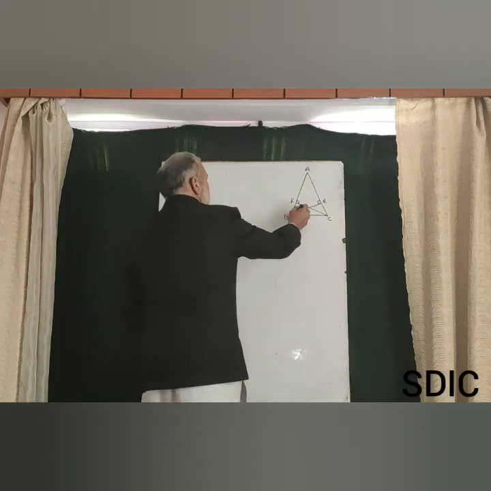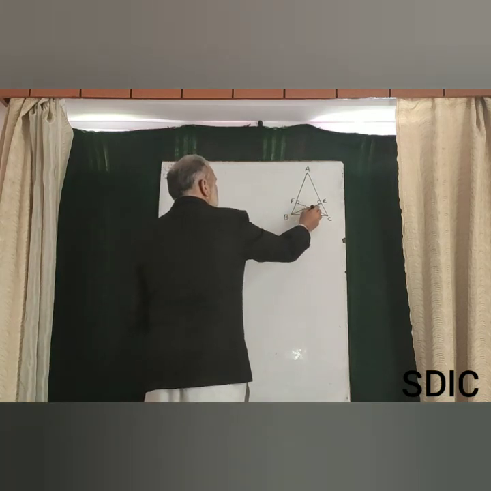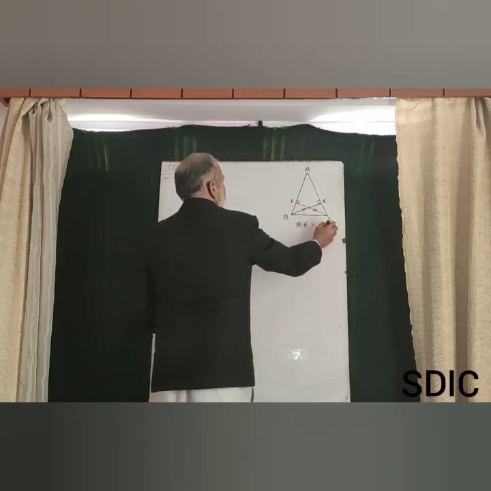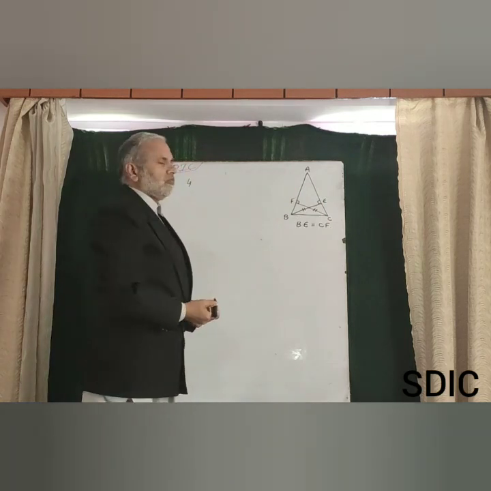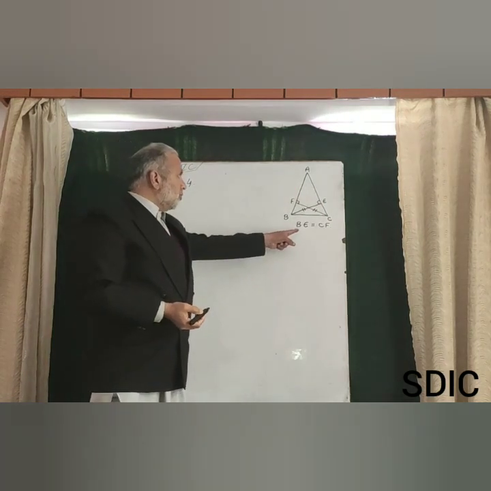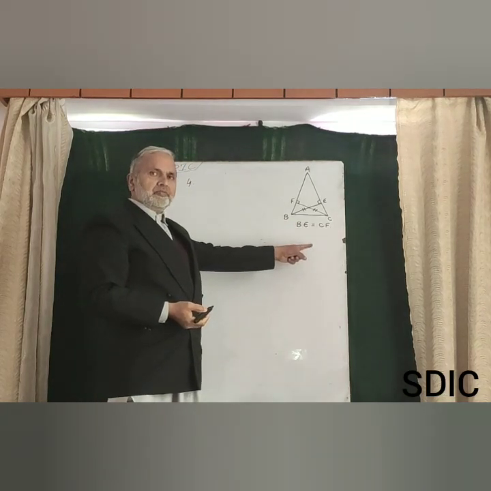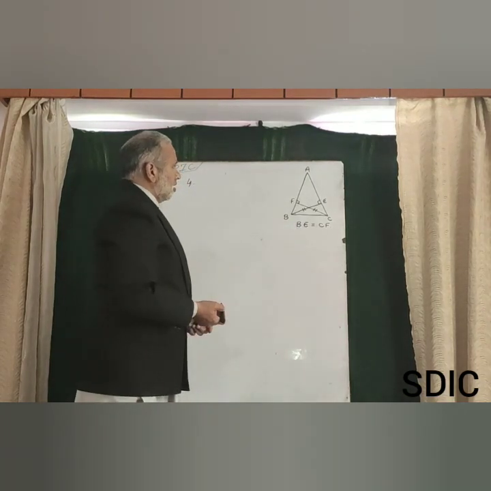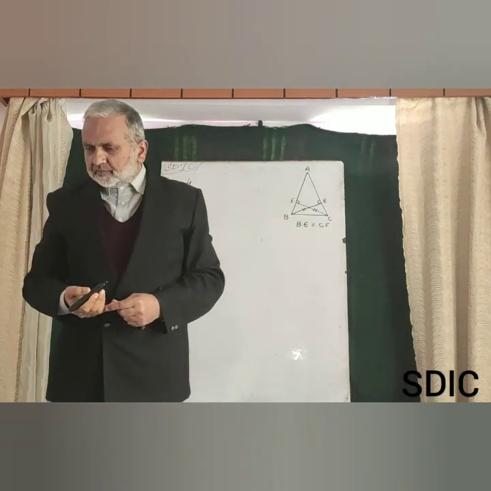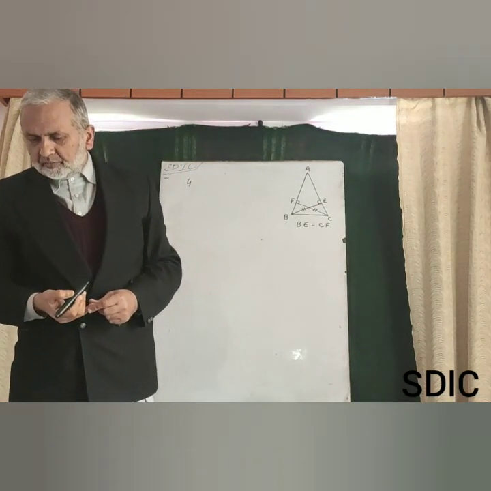It is also given that this BE is equal to CF. What was to be proved in the previous question is given here. Then you have to prove that this triangle is an isosceles triangle. Two things are to be proved.